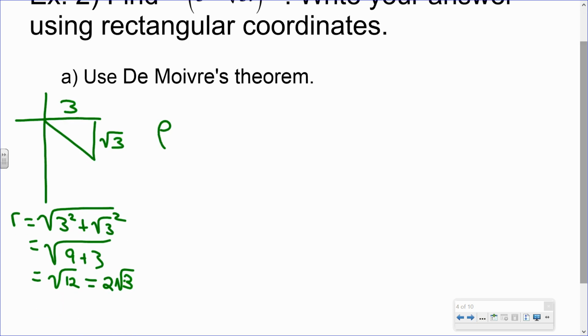For my angle, then I have inverse tan of root 3 over 3. Don't I know that on my unit circle for tangent? Yep. So what angle am I at? Negative 30, but let's put that positively as 330 degrees.